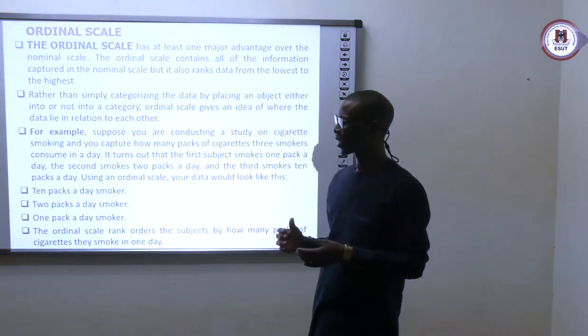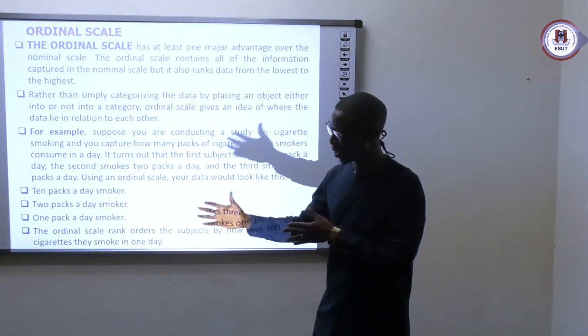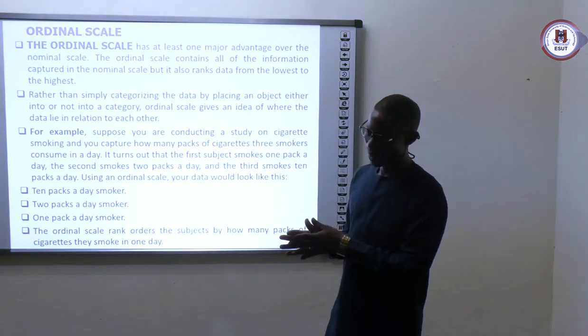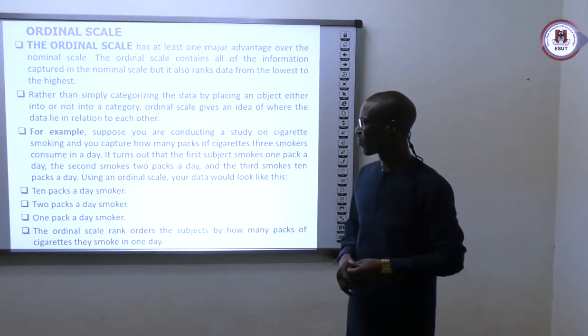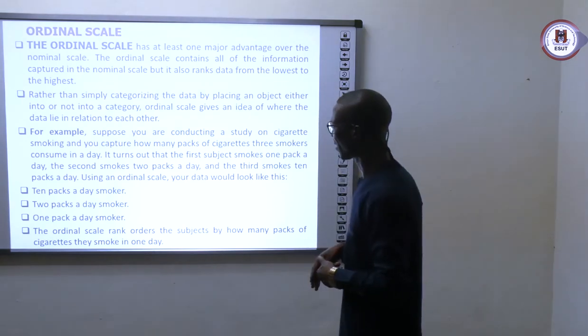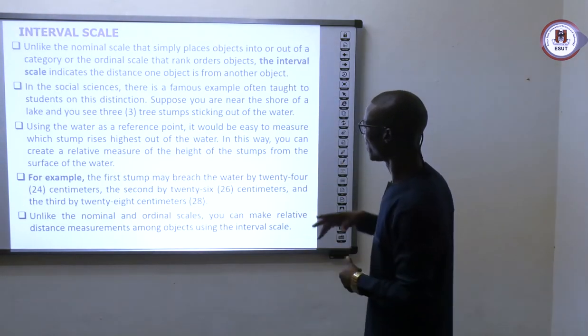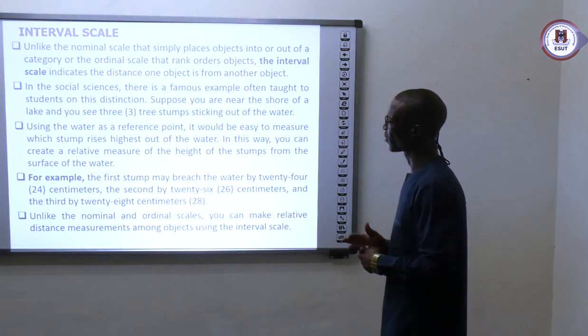But ordinal data, not only nominating them, goes ahead to order them in their order of importance. So it has some advantage over the other one, which is just giving half the information.